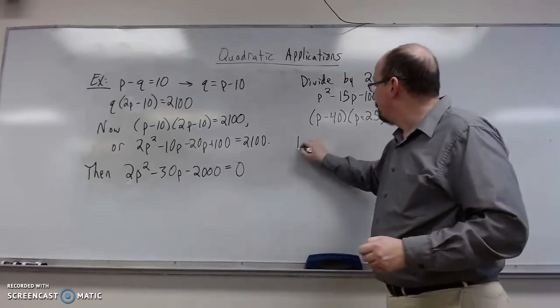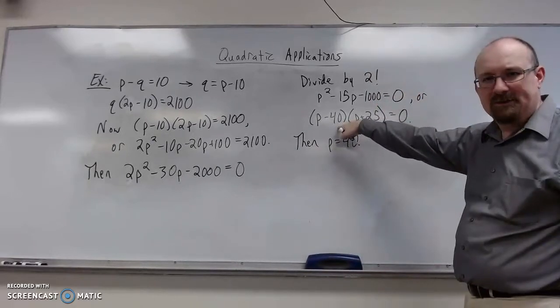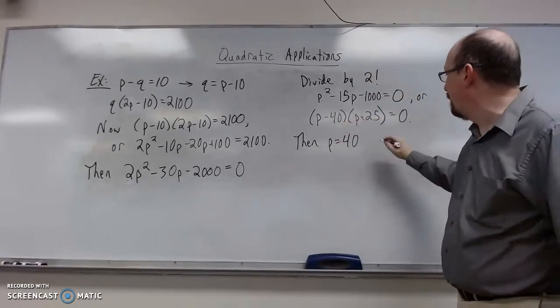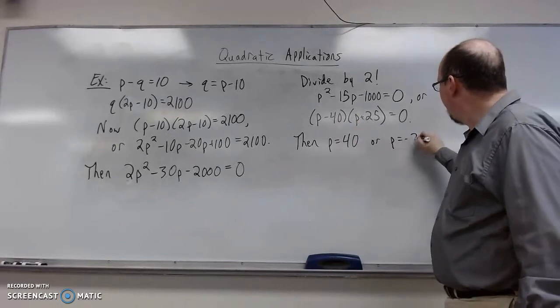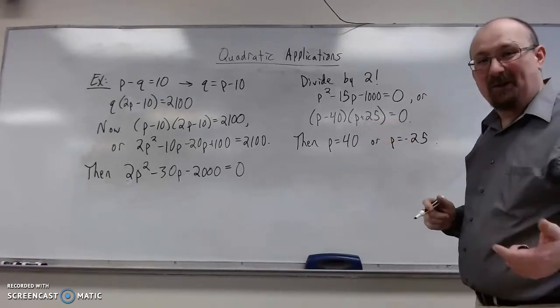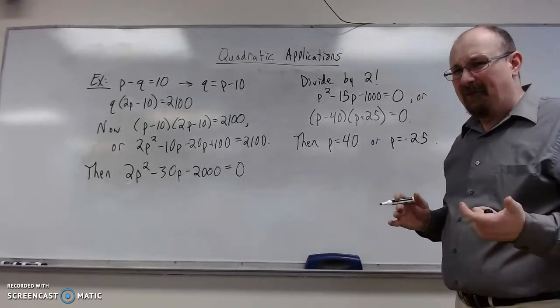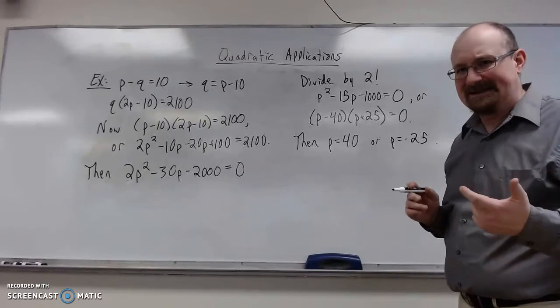Anyway, now setting this one equal to 0, I get a P value of 40. Setting this one equal to 0, I get P equals negative 25. Now, a negative price point doesn't really make sense, right?